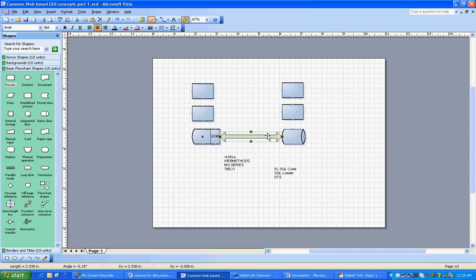Actually, email is batch because it gets accumulated. You don't see the email immediately. Maybe you send it immediately, but the person doesn't receive it immediately. It can even be real time from a different aspect. I know what you're getting to, but from just a very rudimentary standpoint, it looks batch.